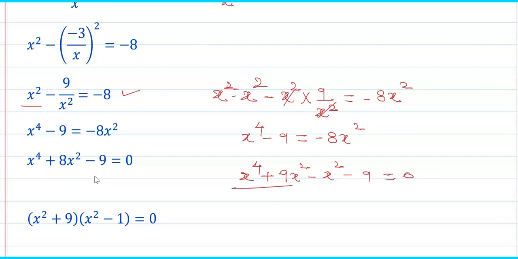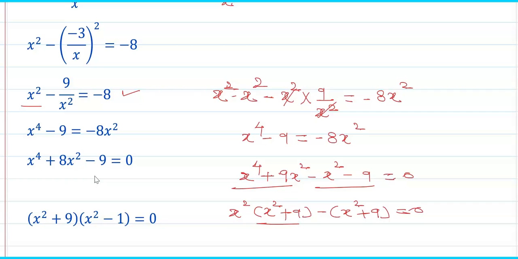I will take the common from the first two and the last two. The first common is x square in bracket. You will get x square plus 9 and take minus sign as a common. Then in bracket you will get x square plus 9 and that is equals to 0.